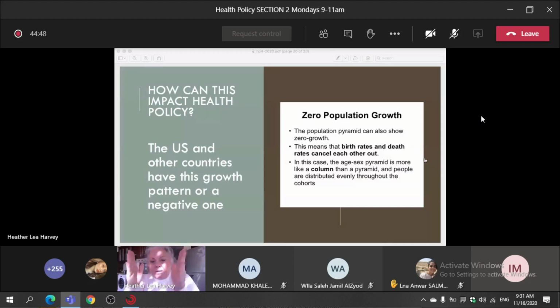It also shows that they aborted more children when they found out they were pregnant with females, because they always valued the male over the female. So there were more baby boys born than baby girls. If you're only allowed one child, they were choosing to only have baby boys. So there are different reasons why we get constriction.